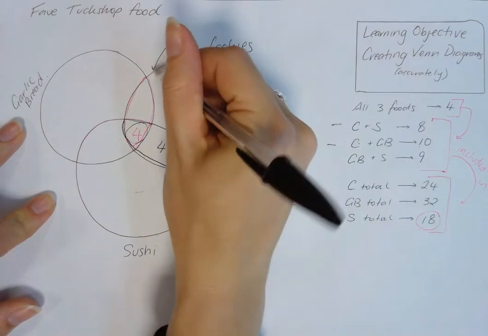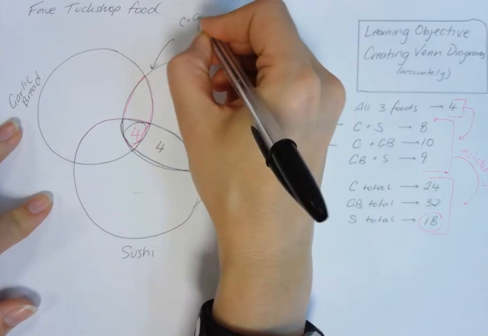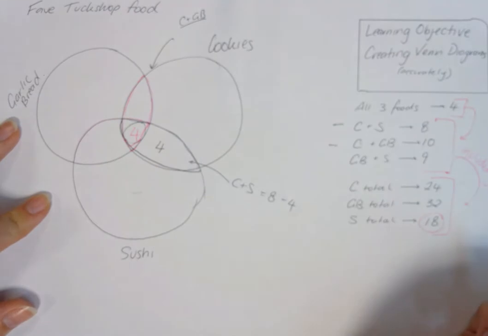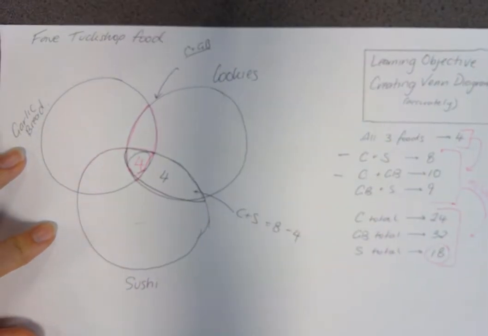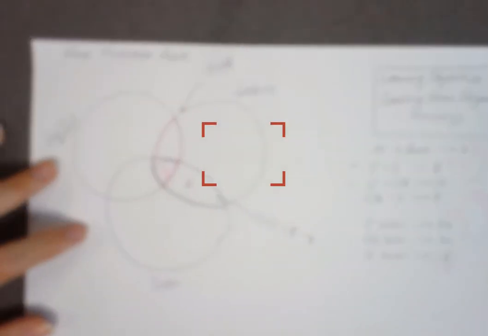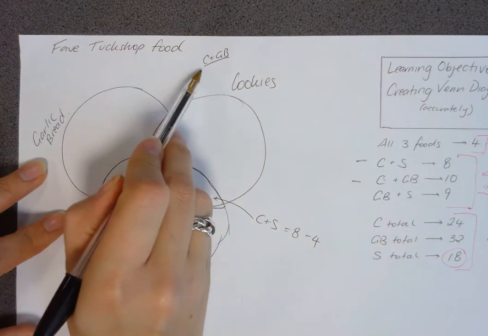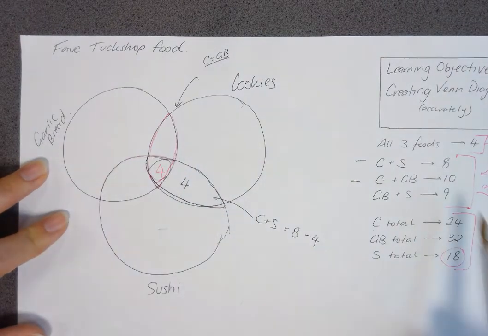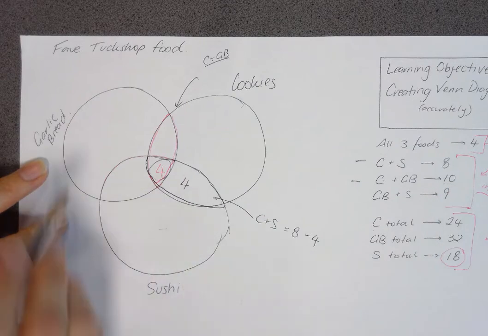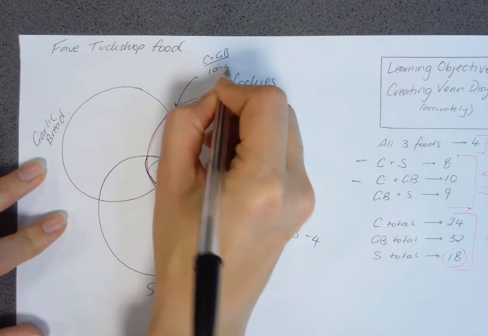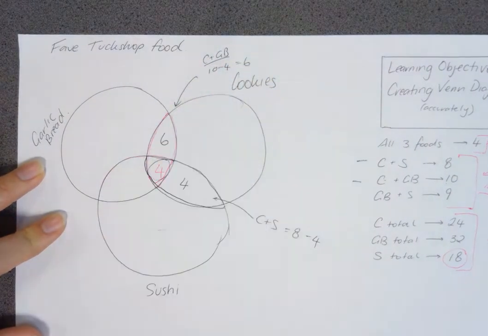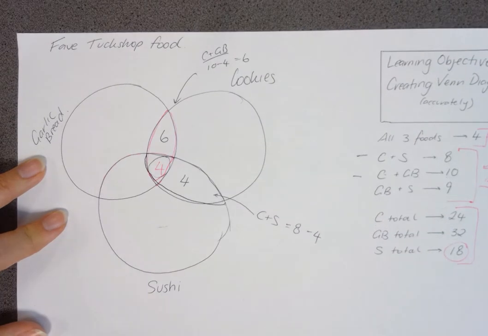So this part here is going to be cookies plus garlic bread will be, it doesn't like me today. Sorry guys. Okay, it's going to be the 10 take the 4 we've already got in there. So 10 take 4 will give us 6, so we know we need to put 6 in there.